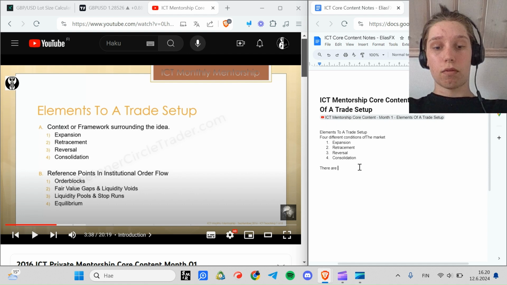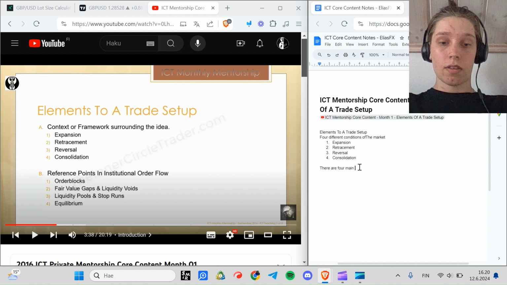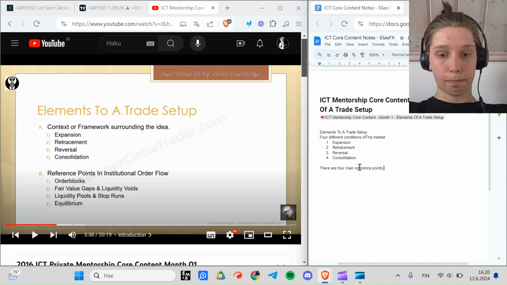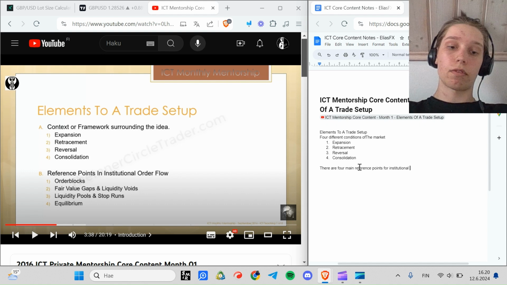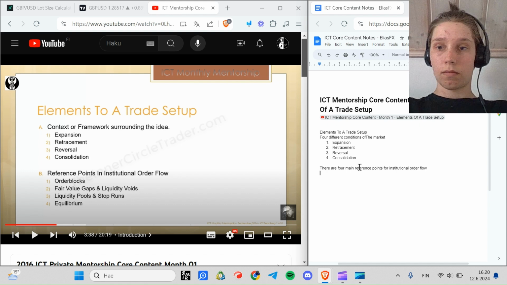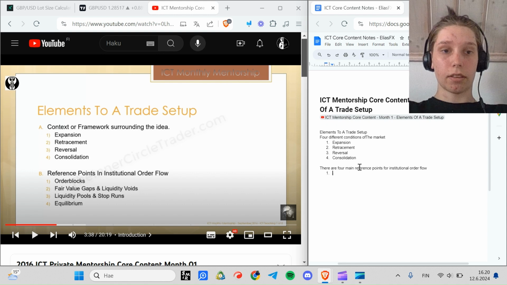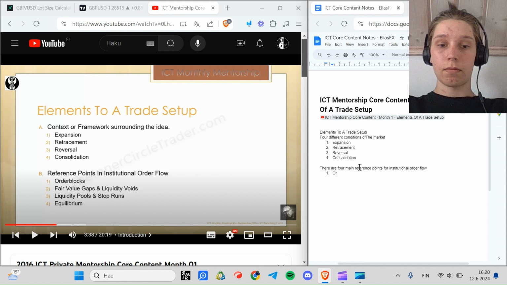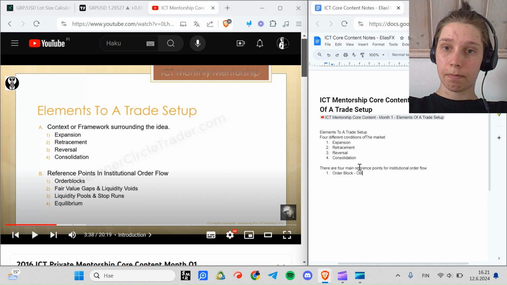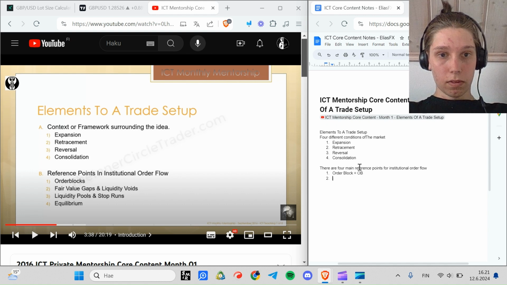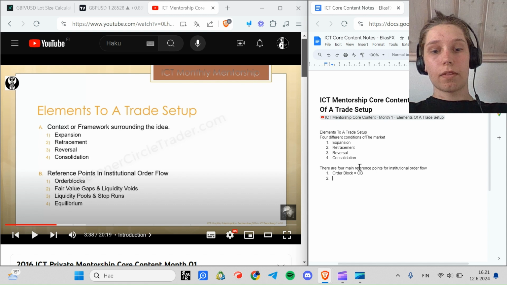Let's say there are four main reference points for institutional order flow, and those are obviously order block. Let's put order block, and we want to have OB equals order block, fair value gaps and liquidity voids.